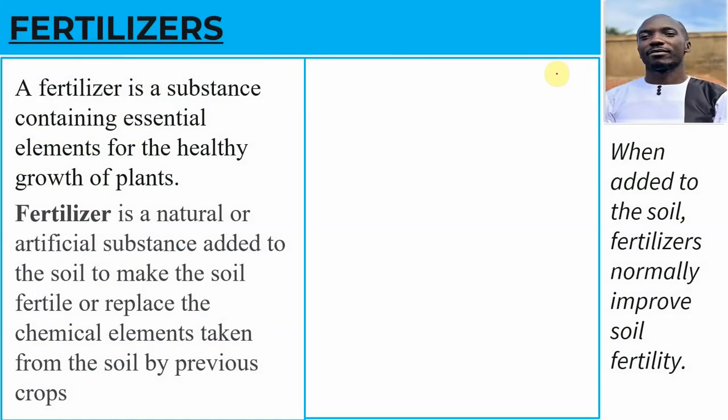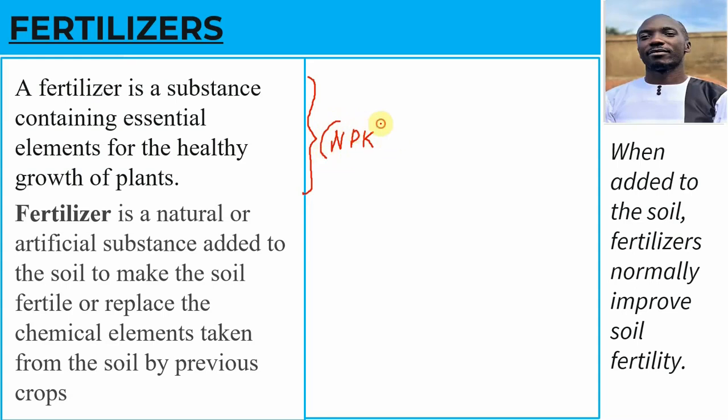So we define fertilizers. We have different ways of defining fertilizers. The first one is: a fertilizer is a substance containing essential elements for the healthy growth of plants. Normally these kinds of fertilizers, we call them NPKs, and these are the ones which are common. When we talk of NPK fertilizers, they contain essential elements, which are always 3.